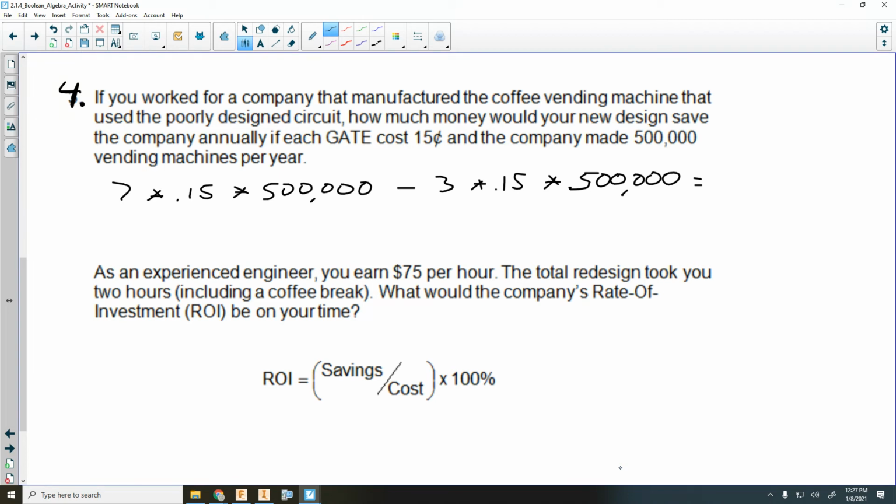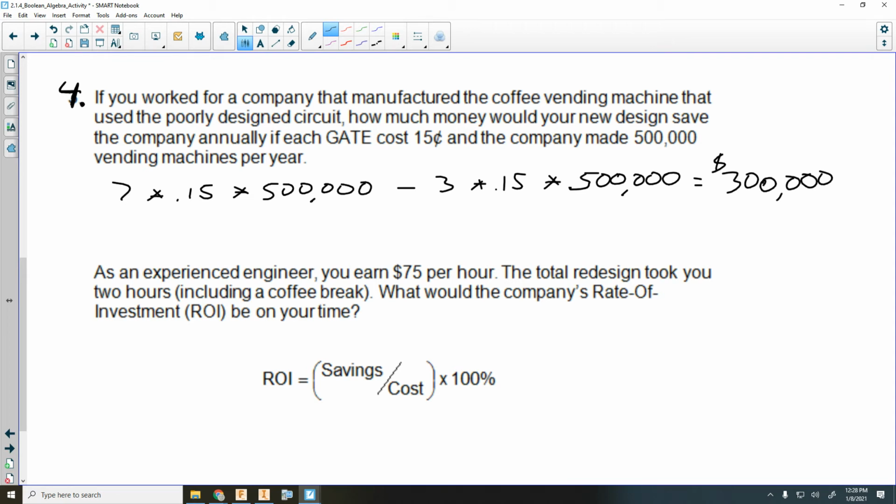Is that right? Yeah, I think so. I got 300,000 as well. Yeah, so having something efficient over the long term is a huge savings.